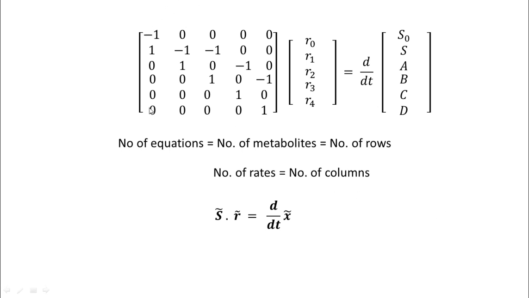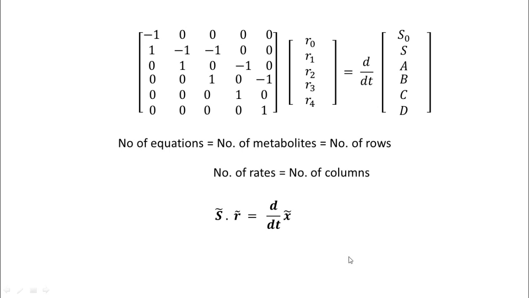So this is what is called a stoichiometric matrix, S with a hat above, multiplied with the rate vector or the rate matrix R, is d/dt of the state variable matrix, as it is called, x hat. Okay. So this is a compact representation of the entire set of equations, and this kind of representation becomes much easier even if you have hundreds or thousands of equations.